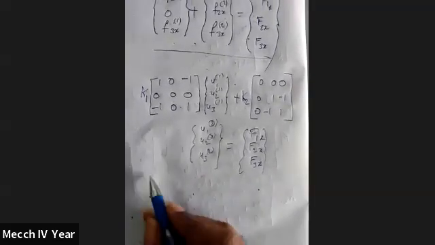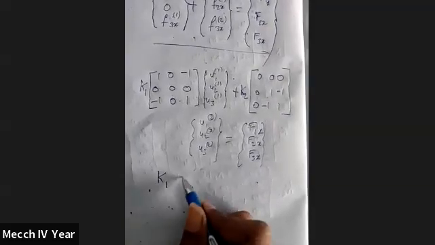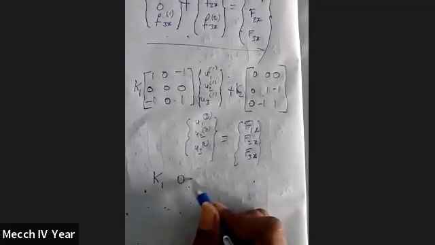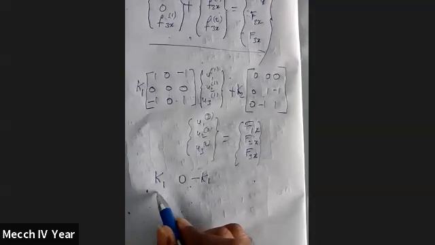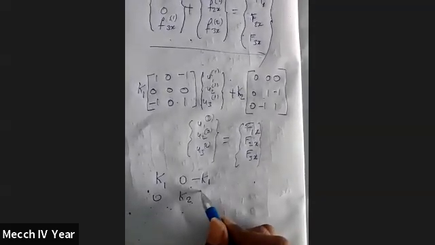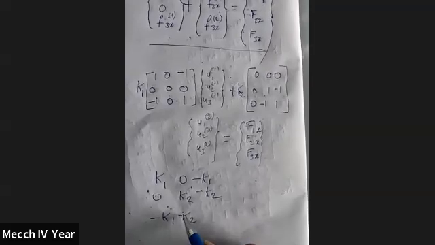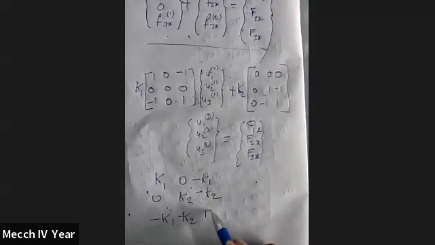Now I am going to simplify this. What happened? K1 0 minus K1, 0 K2 minus K2, minus K1 minus K2 and K1 plus K2.